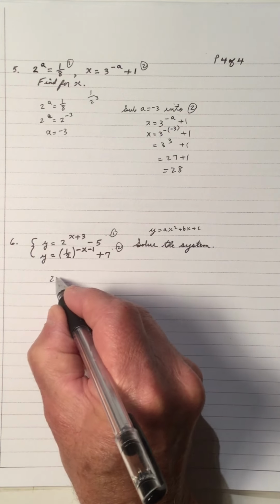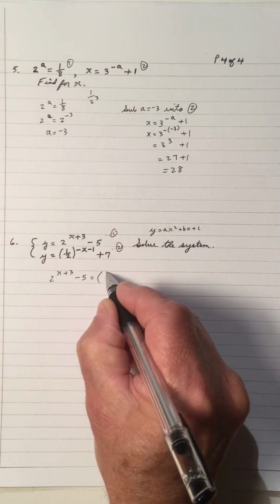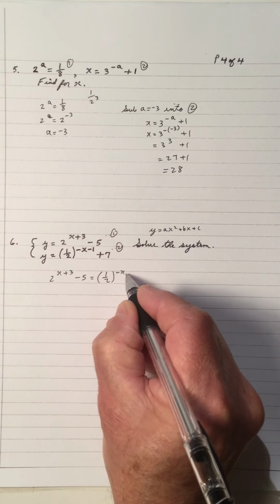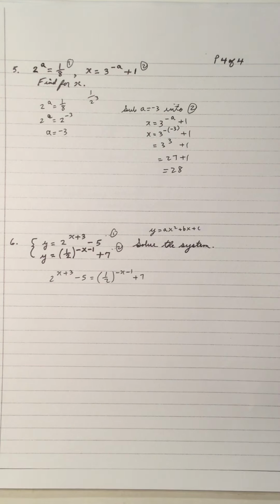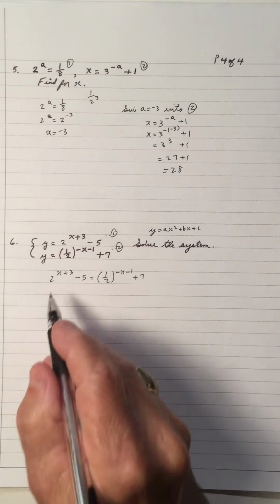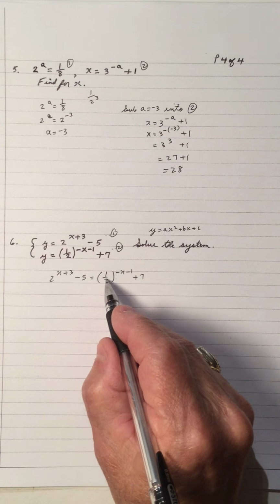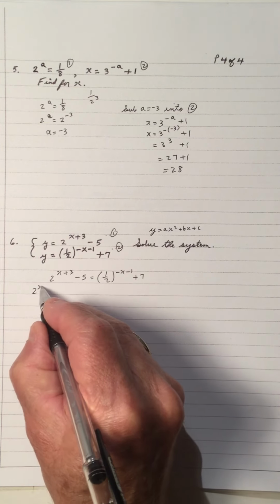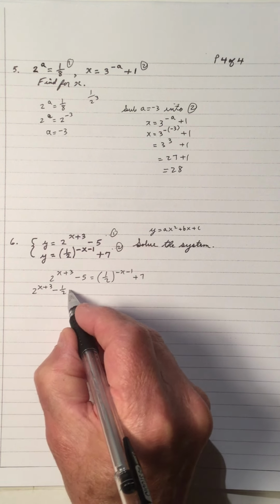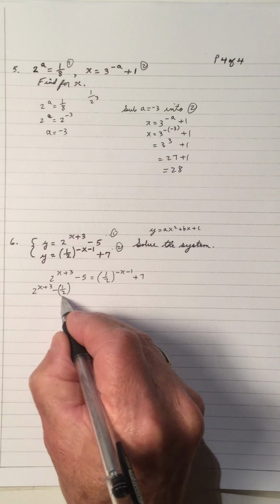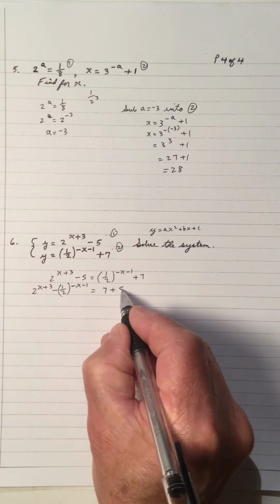So I'm going to go 2 to the x plus 3 minus 5 equals 1 half to the negative x minus 1 plus 7. So how am I going to solve? Notice I have a base 2 here, and this is base 2 too because 1 half is 2 to the negative 1. So let's group the bases together, and 7 plus 5.